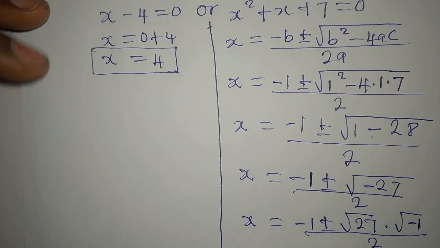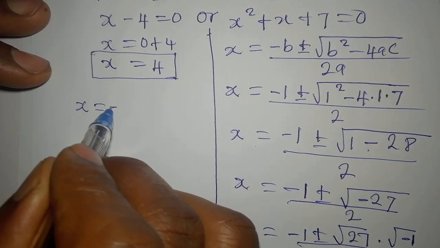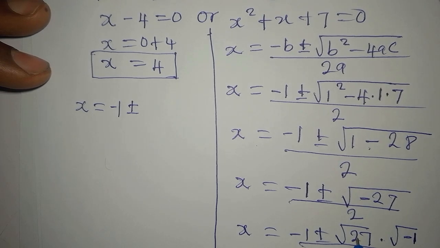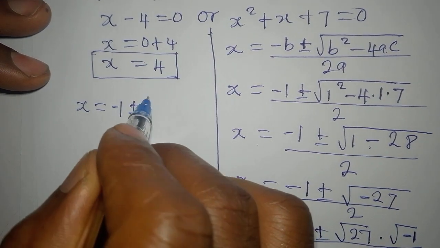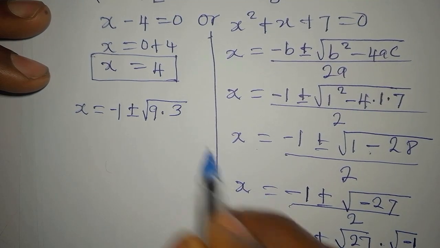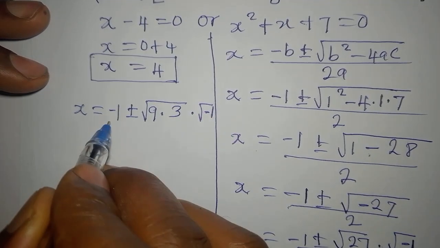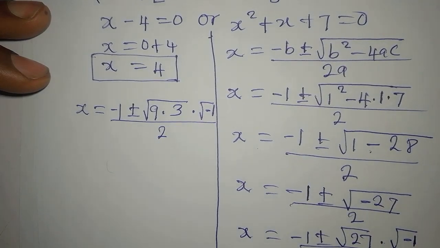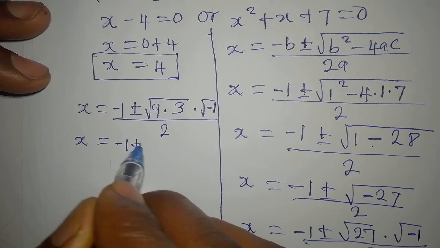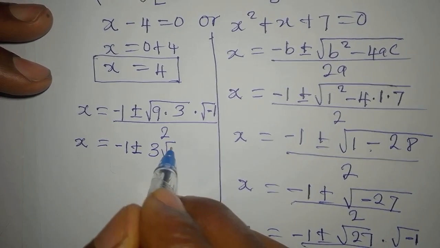So I'm going to continue over here so that x will be equal to −1 ± √27, which can be √(9 × 3), multiplied by √(−1), and then we divide the whole of this by 2. Now our x is equal to −1 ± √9, which is 3, then √3.